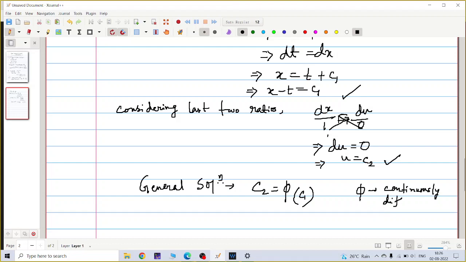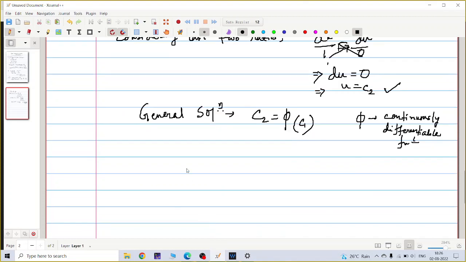So the general solution for this Lagrange method is like that. What is c2 here? c2 is u. So u is a function of x and t, which is a function of c1, which is x minus t. Up to this I think it is clear.